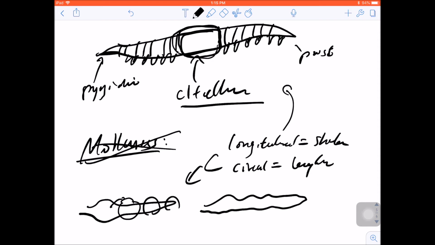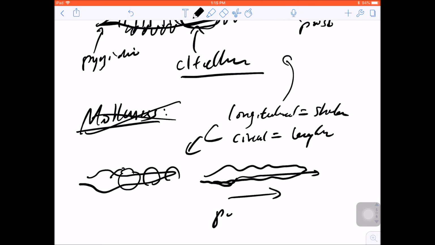So it kind of pulses the worm forward, right? A piece of the worm will kind of contract and lengthen, and it'll push forward the worm. That ripple will go through the worm, and it'll push it forward. And that's called peristaltic movement.